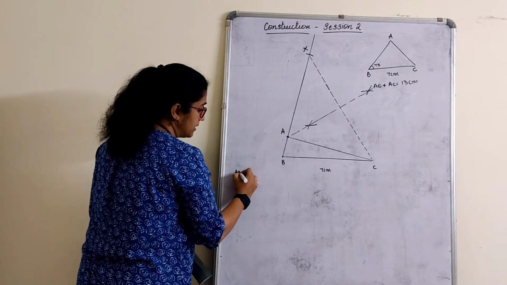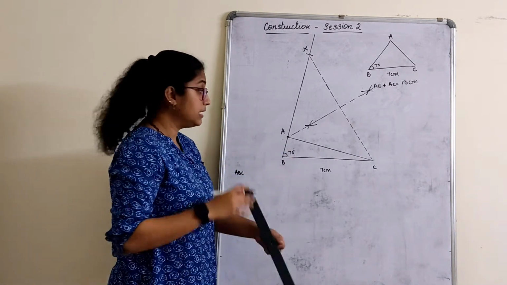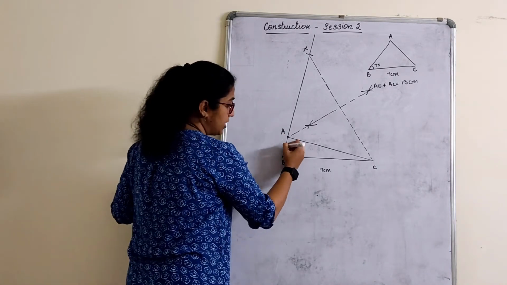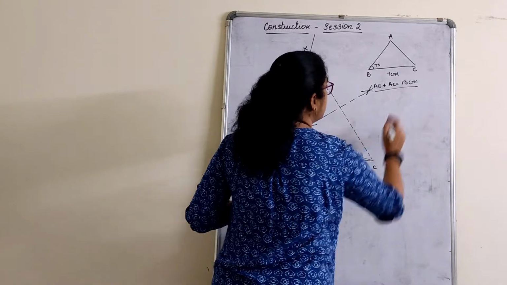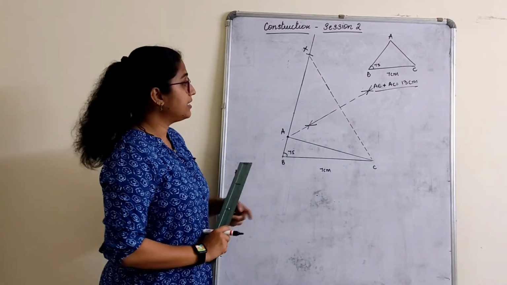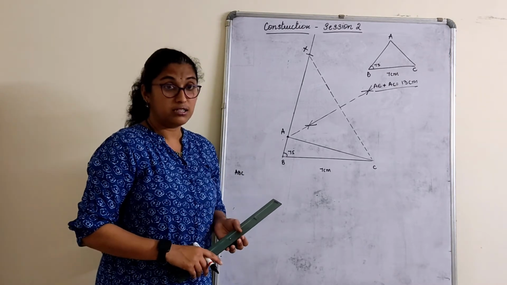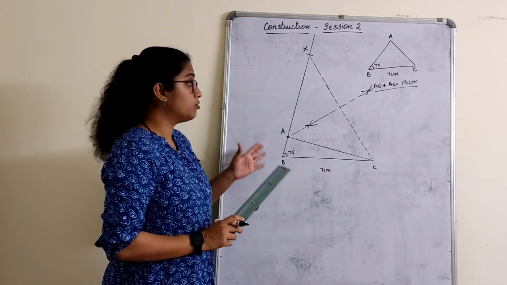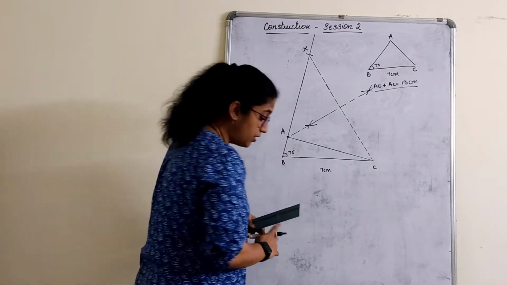So ABC is the required triangle. Measure AB and measure AC. Add them. You will get 13 centimeter, and you have to get 13 centimeter. Right? This is the construction. Steps for construction is not asked, but you can still anytime go through the steps for construction in the given worked example.